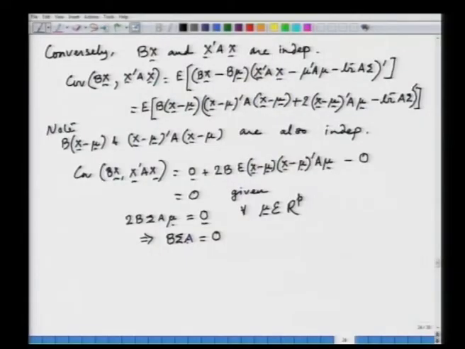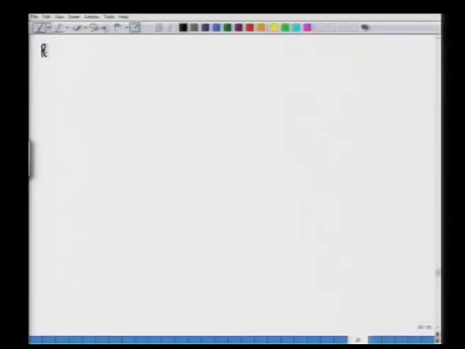Next is the independence of two quadratic forms. We had started with the independence of two linear forms, next was one linear and one quadratic, and now we come to the independence between two quadratic forms. This is result 7.